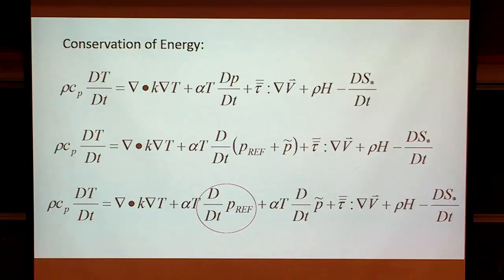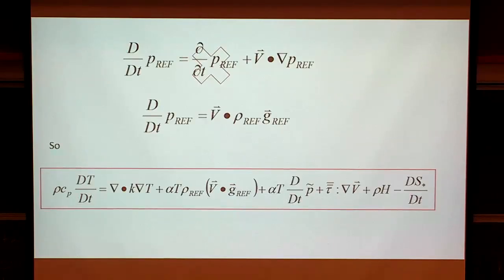Conservation of energy, we can plug in the reference model for pressure here. If we look at this term, I don't like doing this stuff on the PowerPoint, it's better on the board. But we can see that we get this reference pressure time derivative, and that goes to 0 because there's no time dependence. So that term goes away, and our energy equation now looks like this.